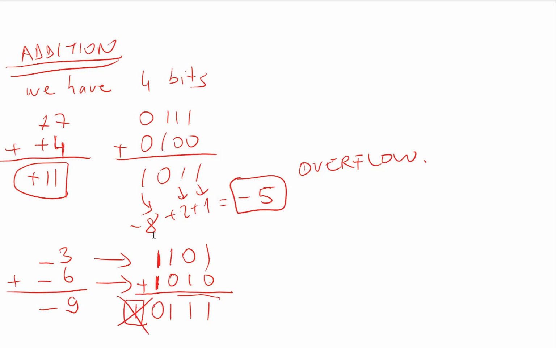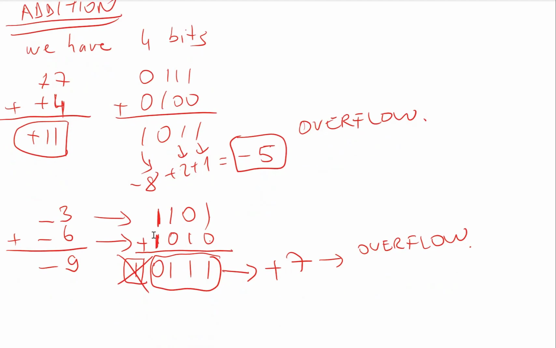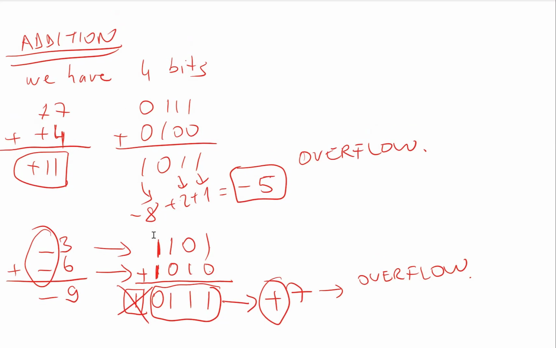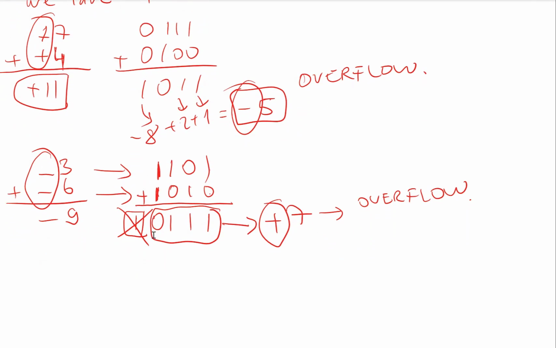So if I look at this, what is this? This is plus 7. So it means I got an overflow. So how do I know it's an overflow? Because I am adding two negative numbers, but I am getting a positive number. And in the above example, I am adding two positive numbers, but I am getting a negative number. That's how I know there is an overflow. So what is the condition for the overflow?